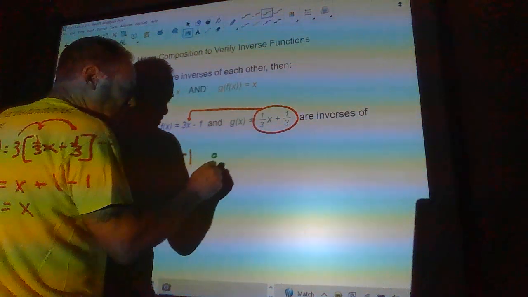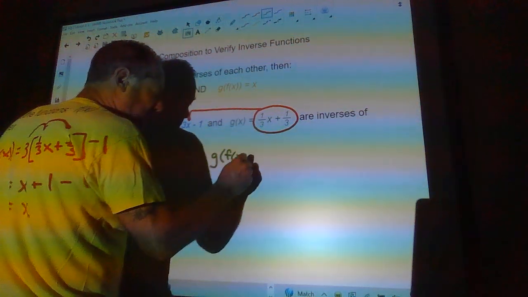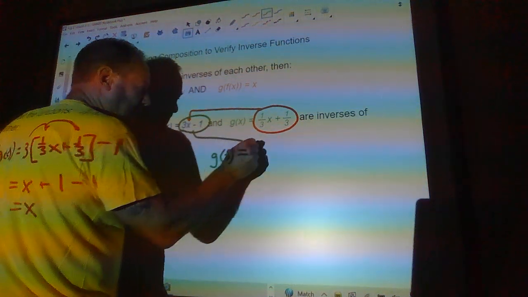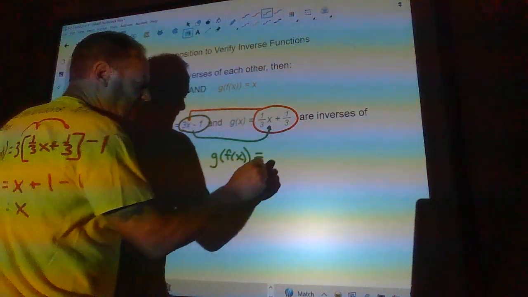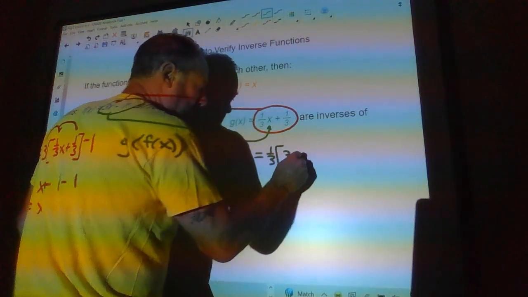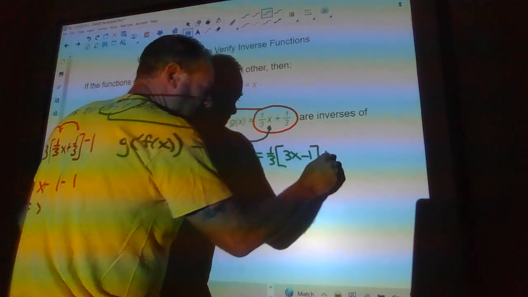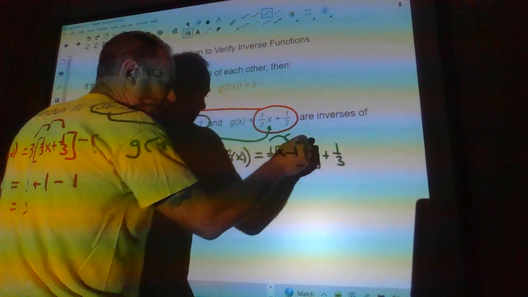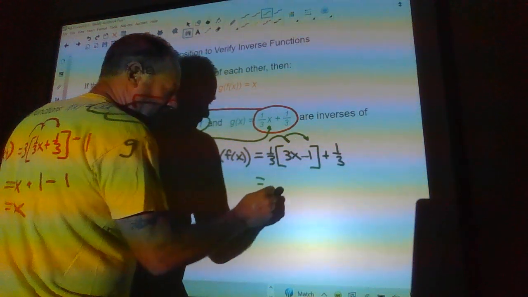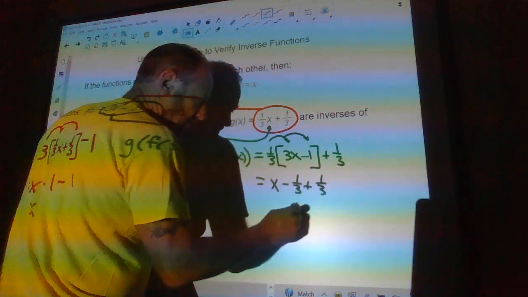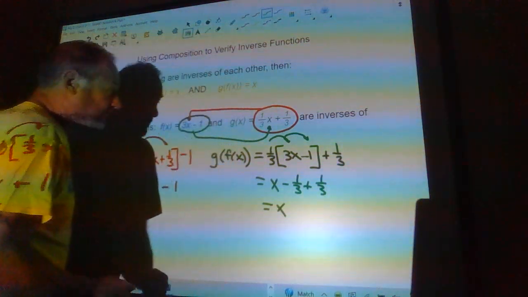So I'm going to find g of f of x. I'm going to take f of x this time and plug it into g of x. Okay, so I'm going to get 1/3 times 3x minus 1 plus 1/3. I'm going to distribute my 1/3 in here, and I get x minus 1/3 plus 1/3, which is just x.